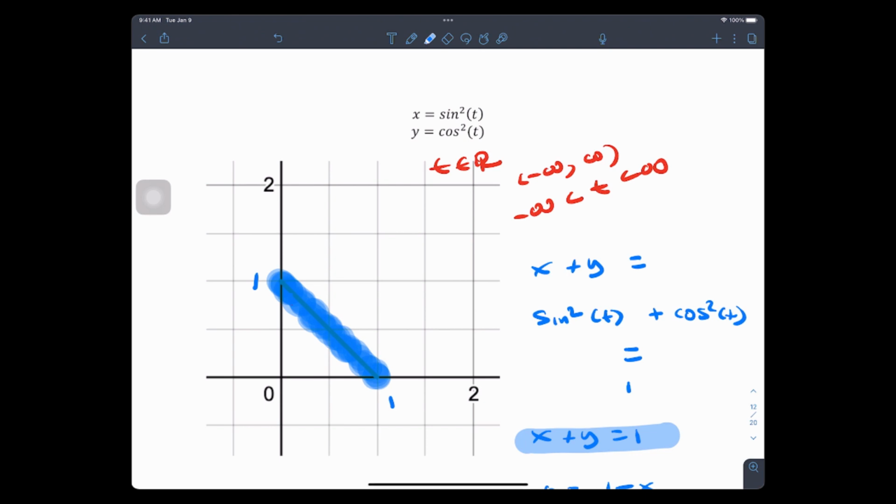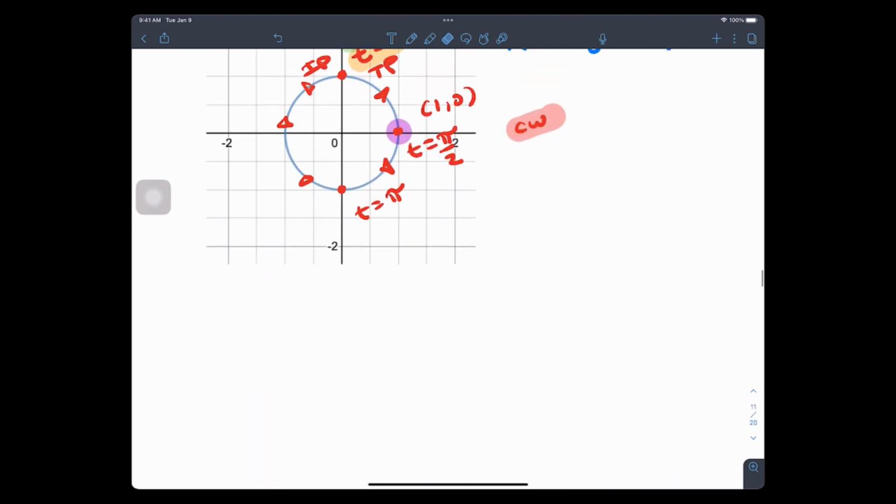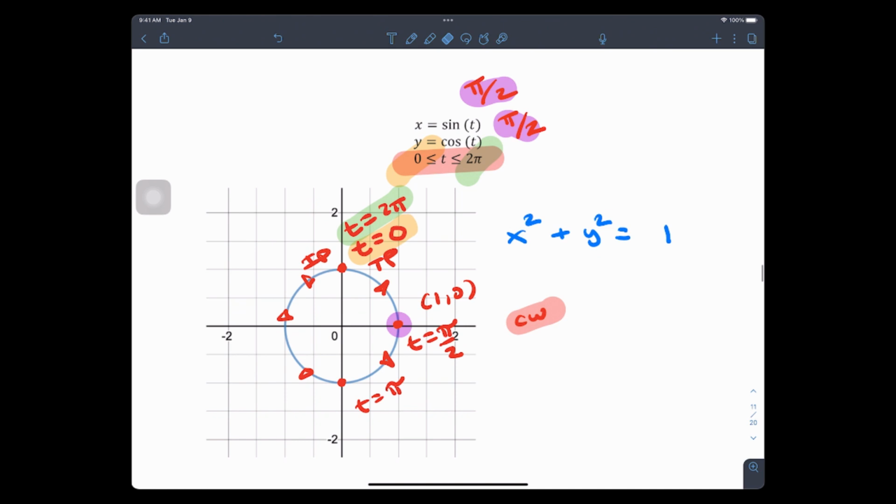That's why it's a line segment. It's a small detail. It's an important detail. This starts at 0, ends at 2 pi, and that's it. But it's still, t is over an interval.